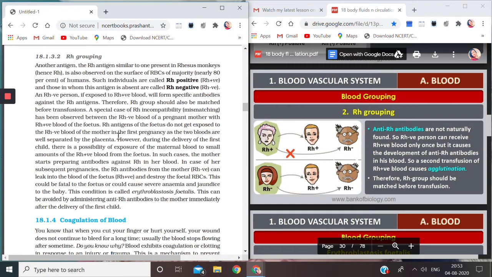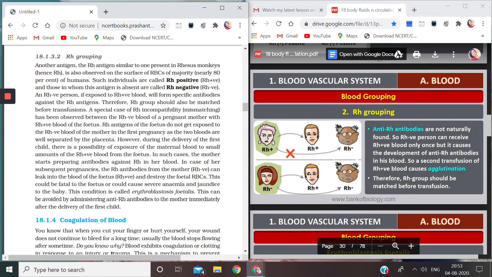But now here the case comes. During the delivery of the first child, there is a possibility or a chance of the exposure of maternal blood to the fetal blood.